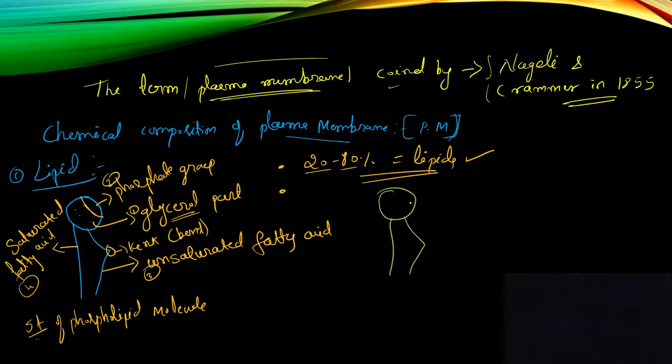If I write overlapping, this is the head structure and this is the tail structure.